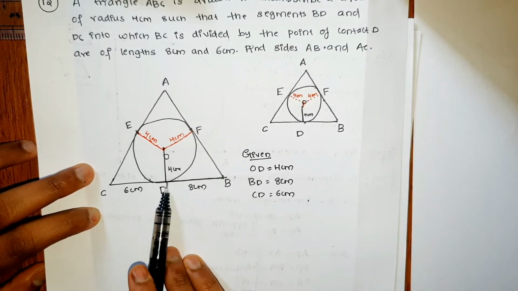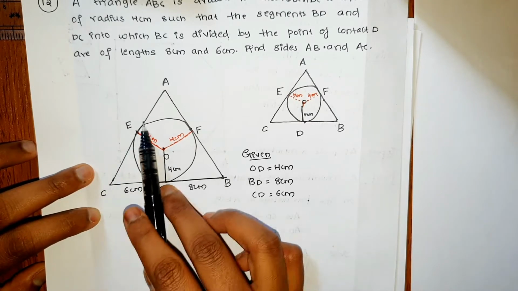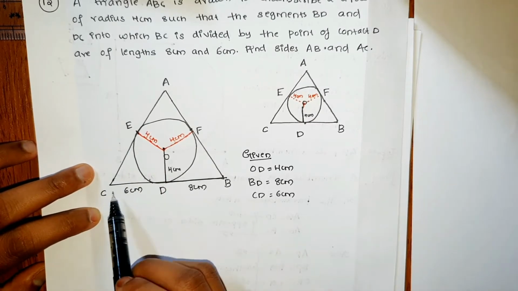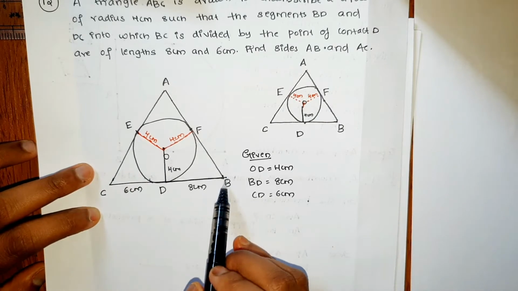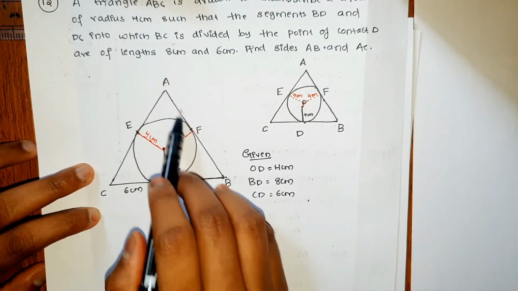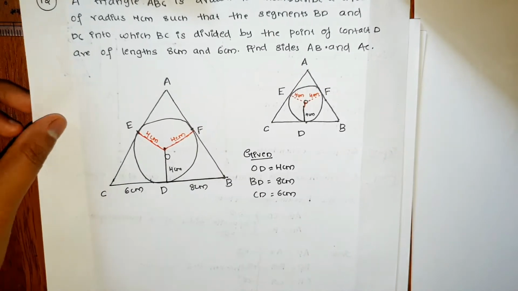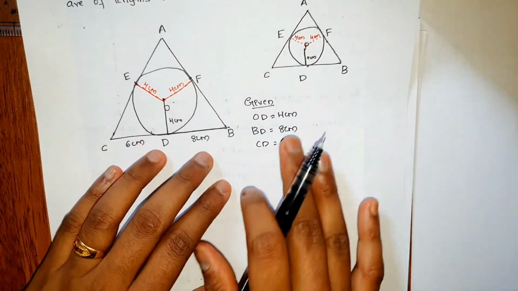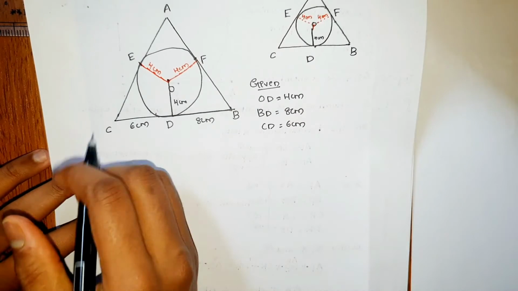These all are given. From the figure itself, we are able to understand this is equal to this because this is an external point. So, this value is equal to this value. Here it is an external point, this is equal to this. So, we can write everything in the next section.